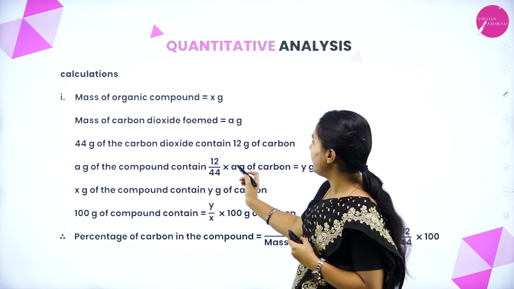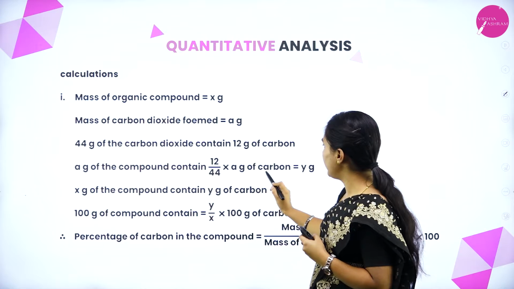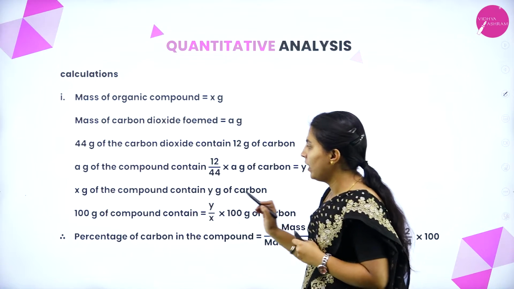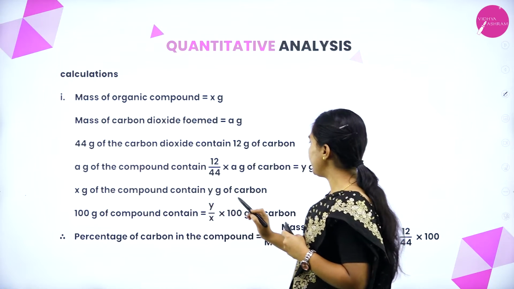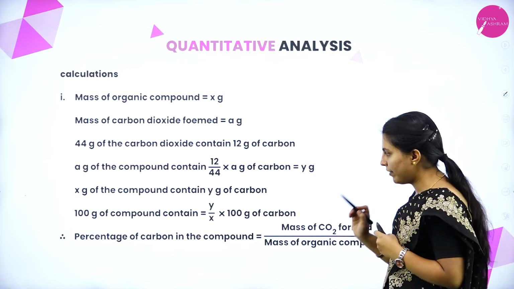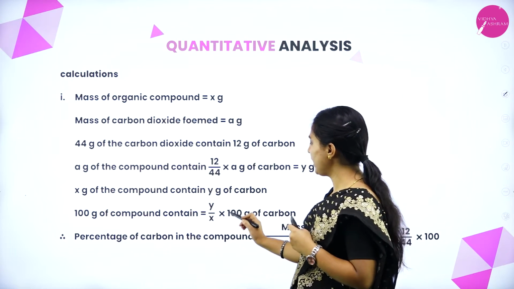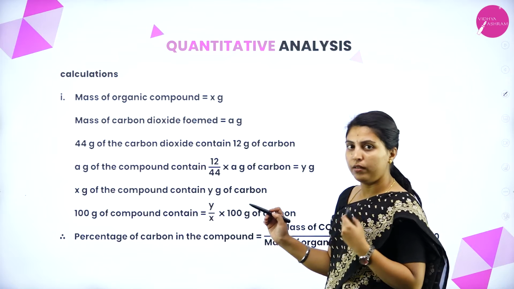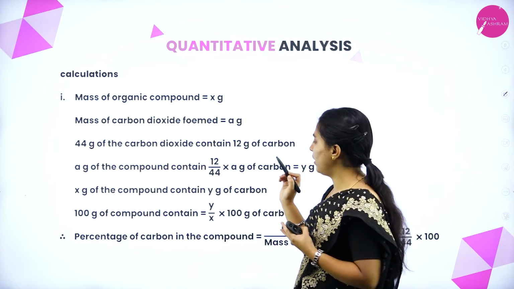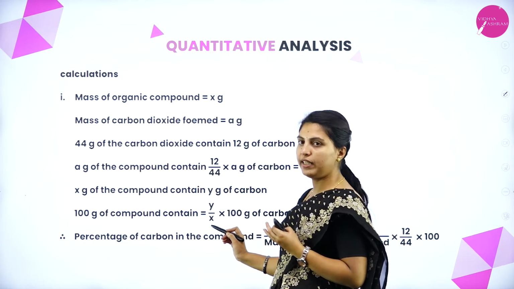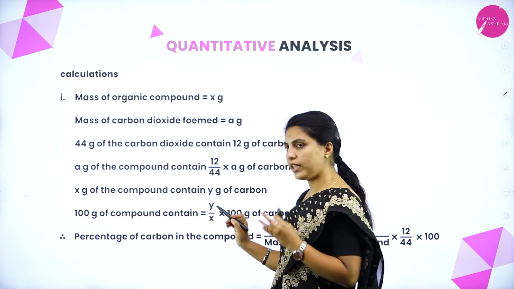This is 12 by 44, and this is the carbon present. Here X gram of the compound contains Y gram of carbon, and 100 gram of compound contains Y by X into 100 gram of carbon. Overall, how much hydrogen and carbon is present in 100 gram of the compound?